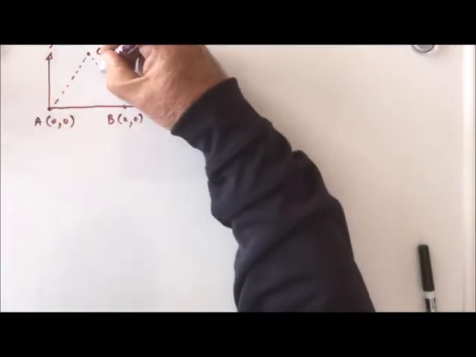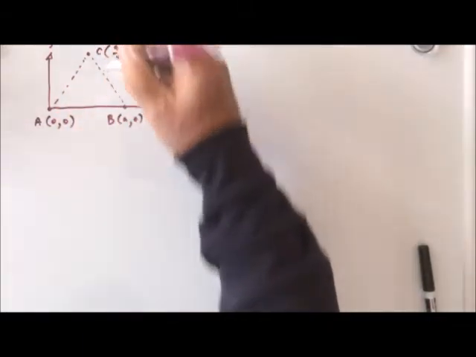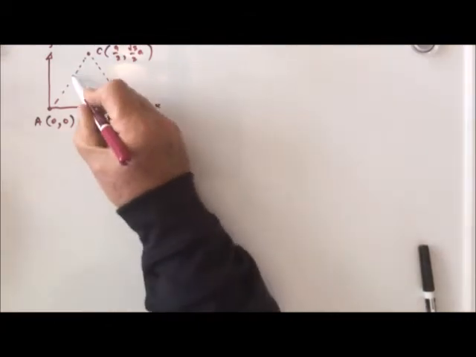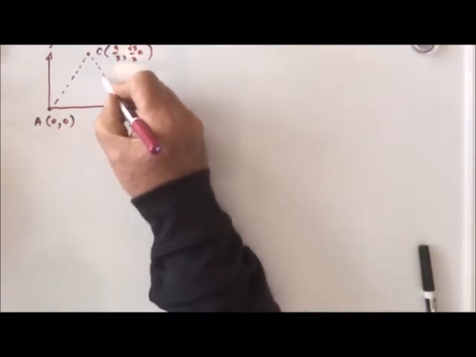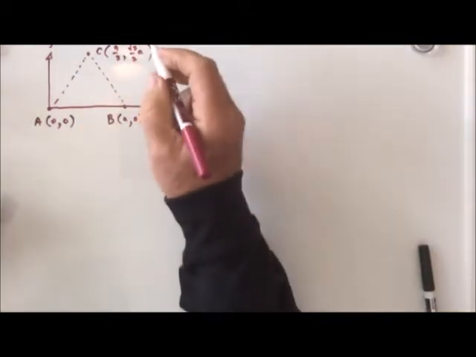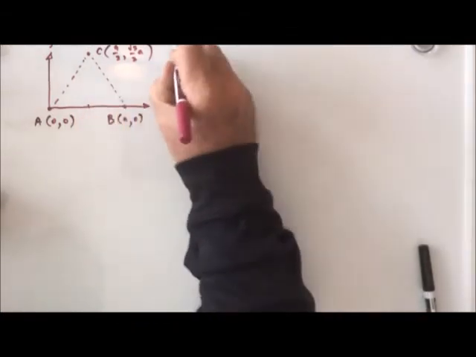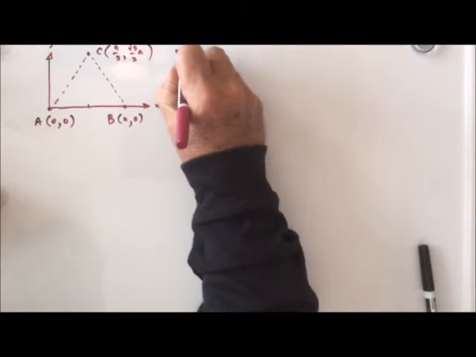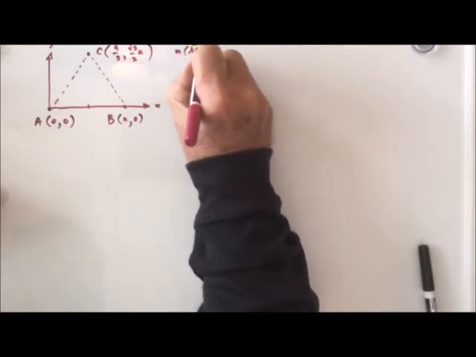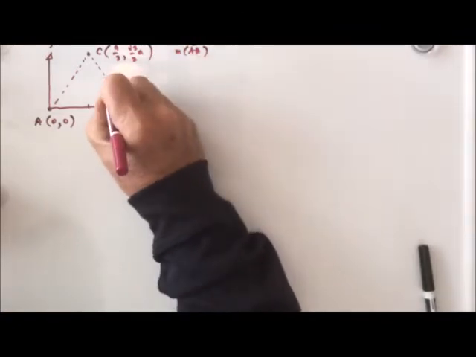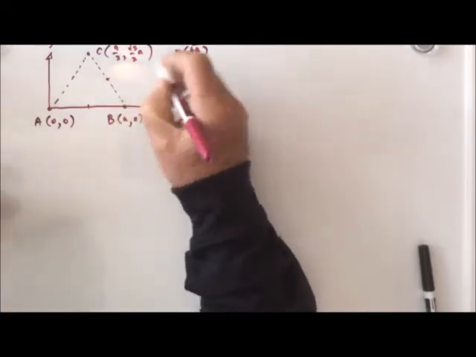I'm going to dot all of these. And let's just quickly, without doing everything, you really have to show that this side is equal to that side and that this side is equal to that side. Let's do a shortcut here, and show that this side right here, which is segment AB, has the same length as this side, segment BC.